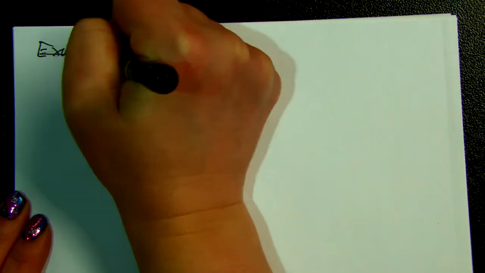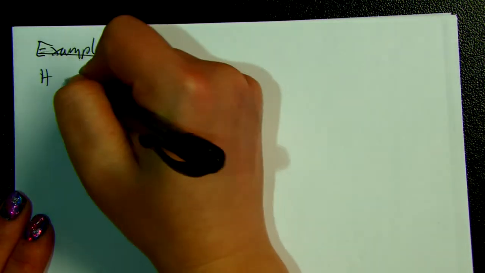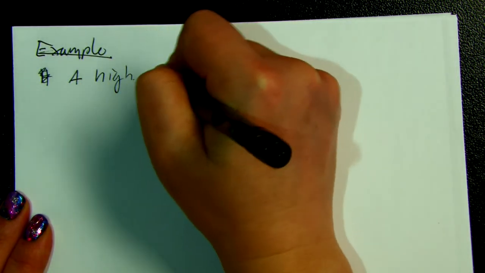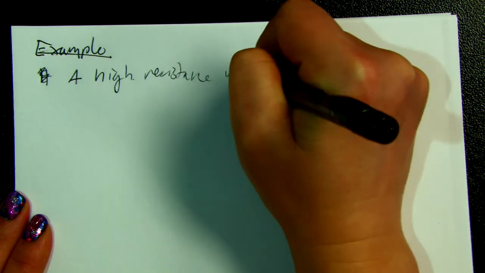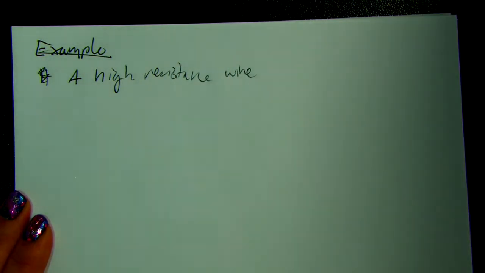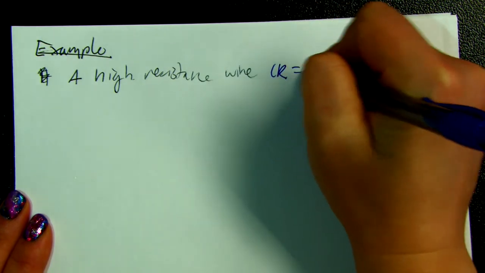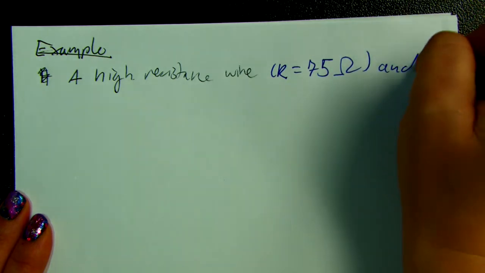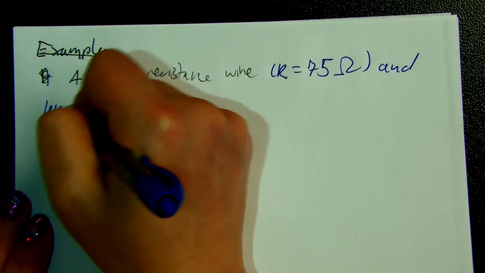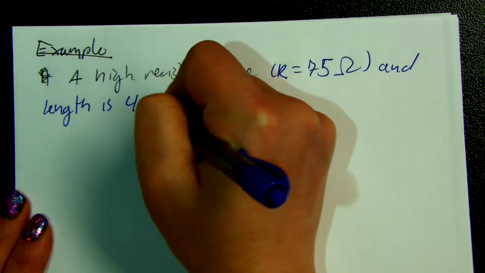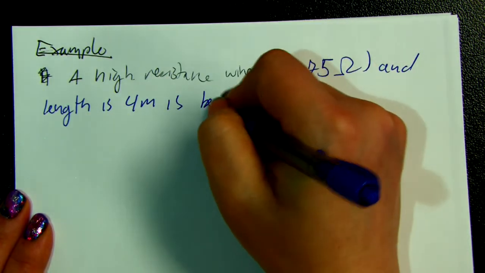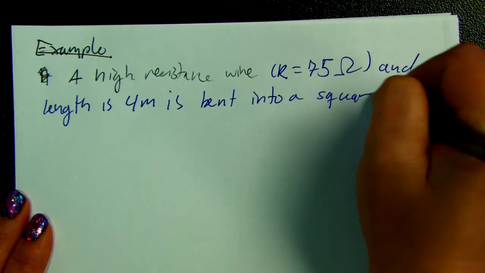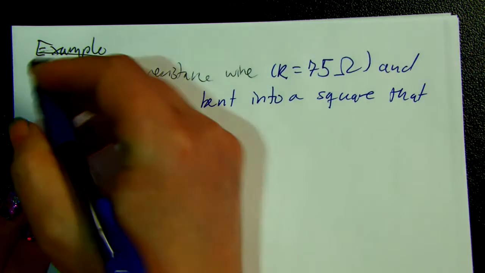using Faraday's law. So we have a high resistance wire. So resistance is equal to 75 ohms, and length is 4 meters, is bent into a square that encloses a solenoid.